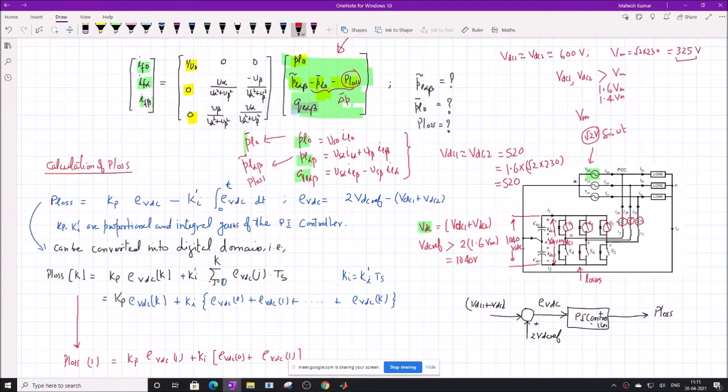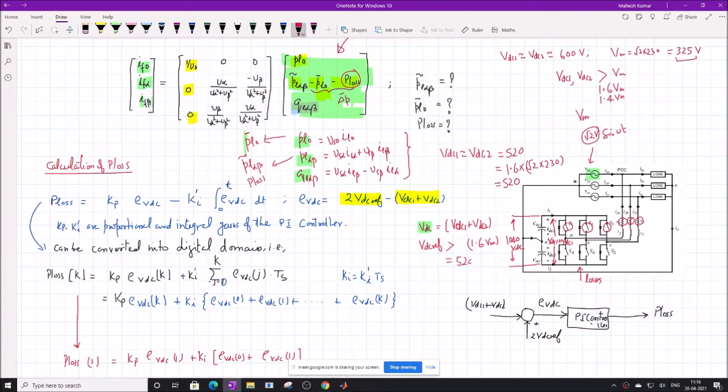So we form an error which is called EVDC. Okay. And EVDC is equal to 2 VDC ref minus VDC1 plus VDC2. I'm sorry, I have taken VDC ref as 520 only. So 2 into VDC ref has come here. So you can remove the 2 here and make it 520 only, because that will make things more clear.